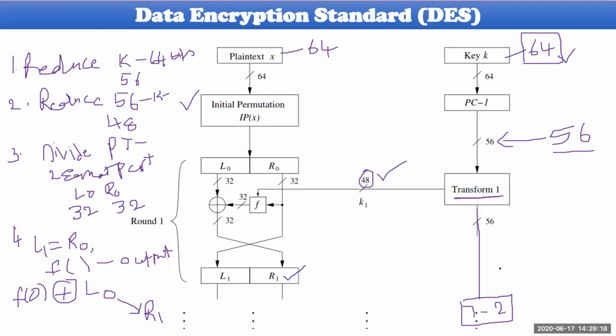The input will be 56 bits, and key number 2 will be created. This key number 2 will be 48 bits, so again you reduce 56 bits to 48 bits. This happens in encryption round 1, and so on and so forth, continuously.